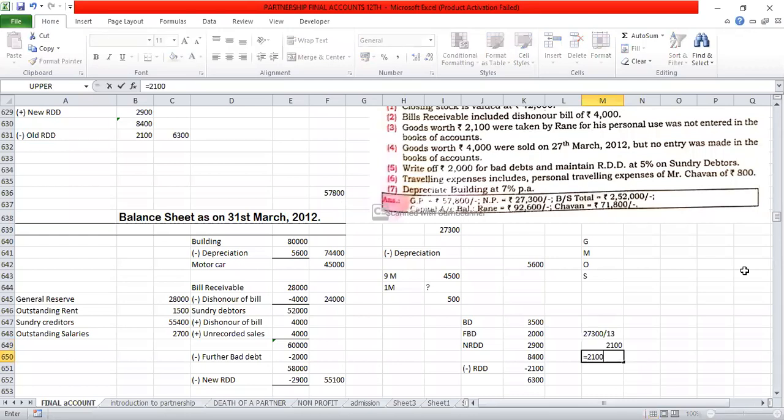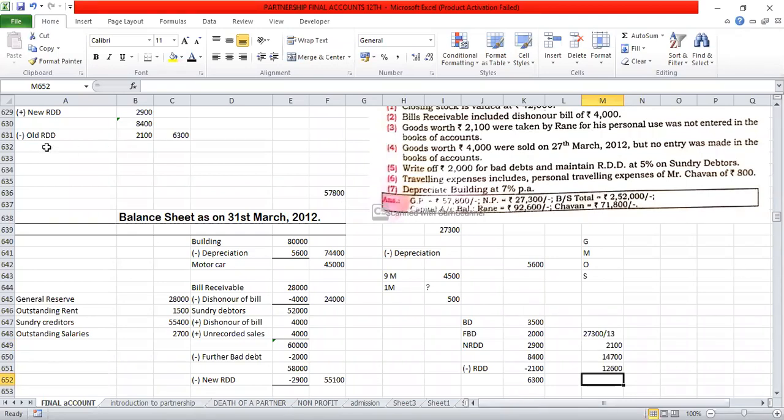First partner's share, 7 times 2,100, is 14,700. Second partner's share, 6 times 2,100, is 12,600. Understood?